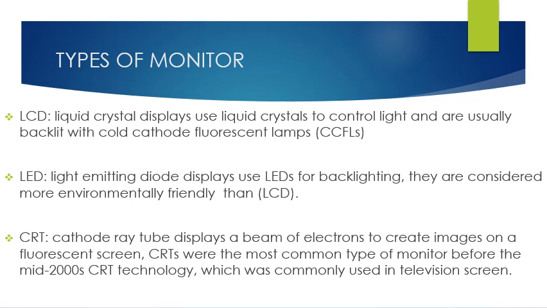It was the most common type of monitor before the 2000s, the CRT, cathode ray tube technology, which was commonly used in television screens. Back then, it was used in the television screens that we normally use at home, which are known as CRT, cathode ray tube.